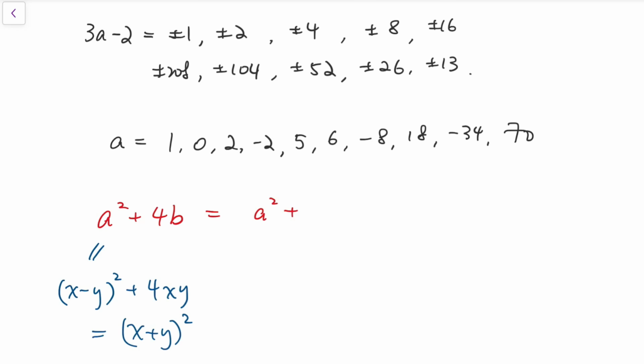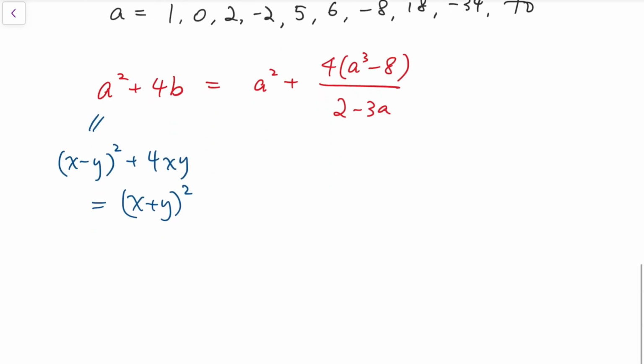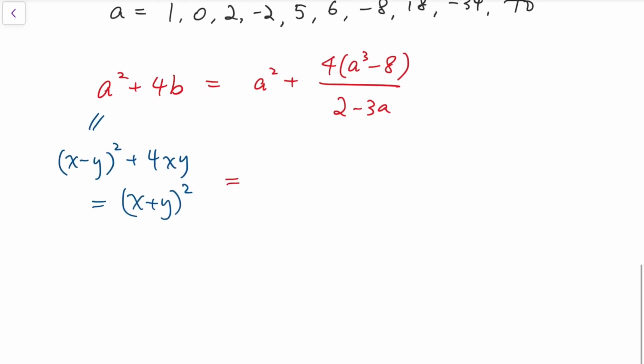Now, a squared plus 4b is a squared plus 4 times a cubed minus 8 over 2 minus 3a. And simplifying, this expression equals a cubed plus 2a squared minus 32 over 2 minus 3a.